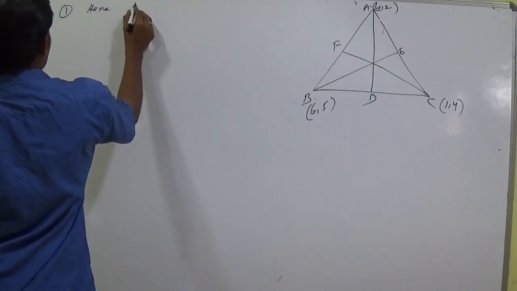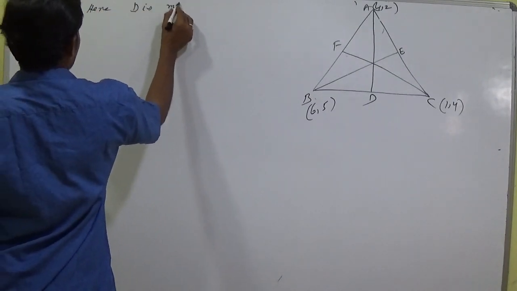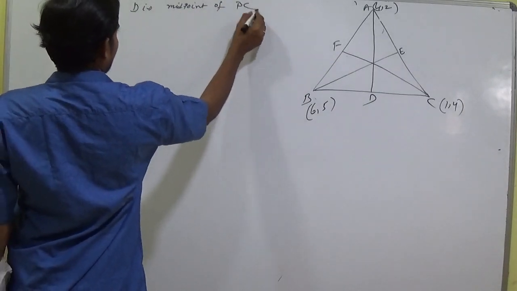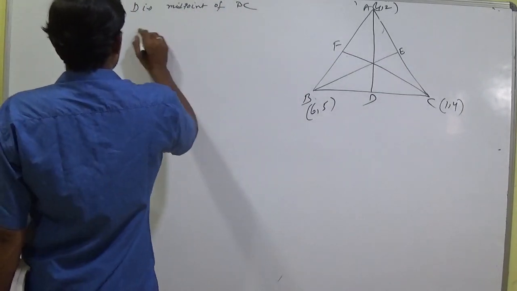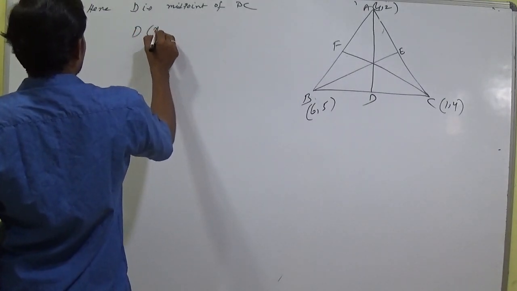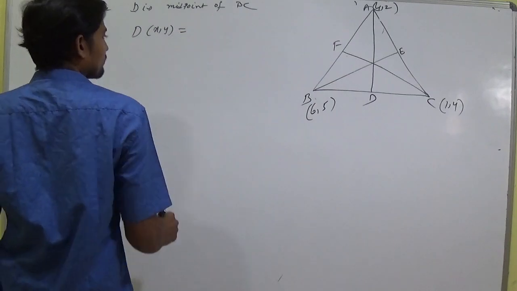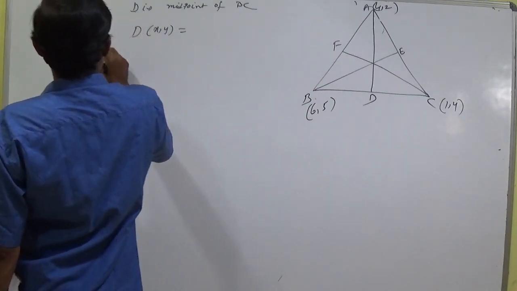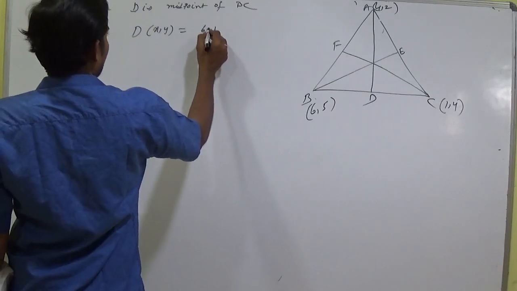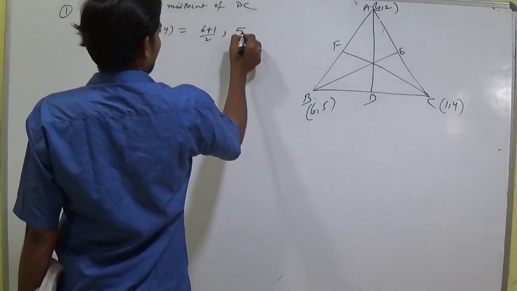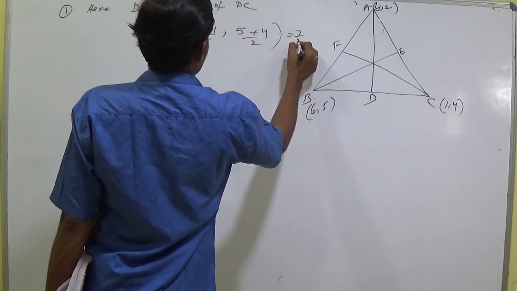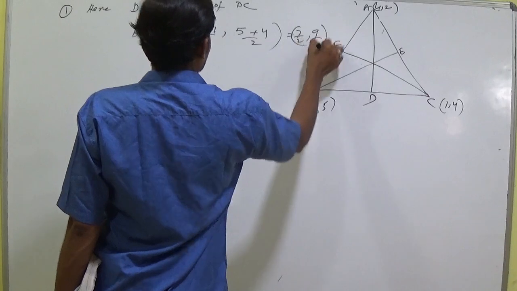Here D is the midpoint of BC. Suppose D is (x, y) equal to ((x1 plus x2) by 2, (y1 plus y2) by 2) which is ((6 plus 1) by 2, (5 plus 4) by 2), which is equal to (7 by 2, 9 by 2).